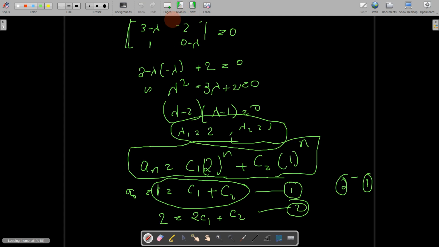What is the value of c2? We plug into the first equation: 1 plus something is 1, so c2 is 0.